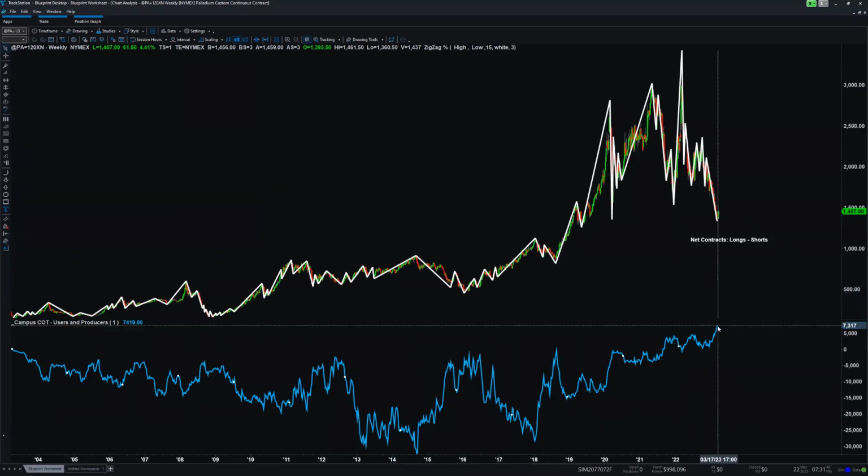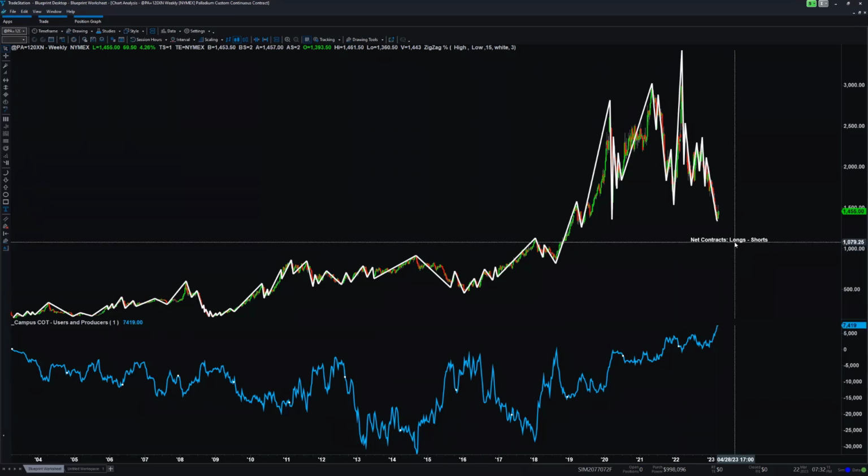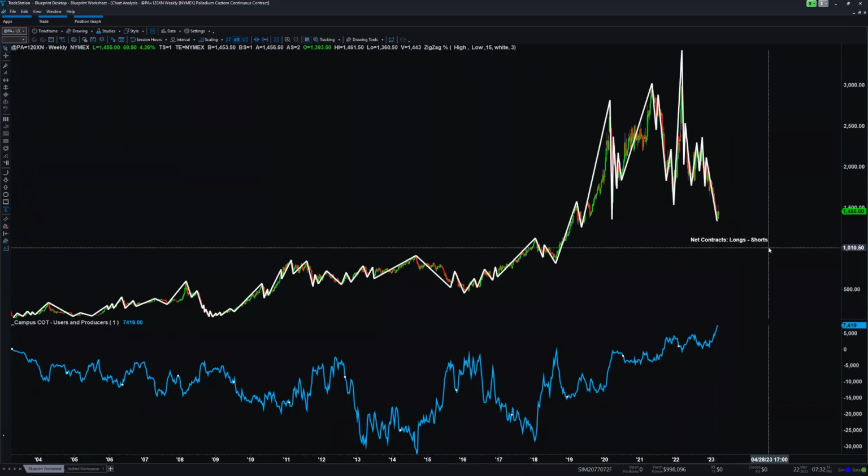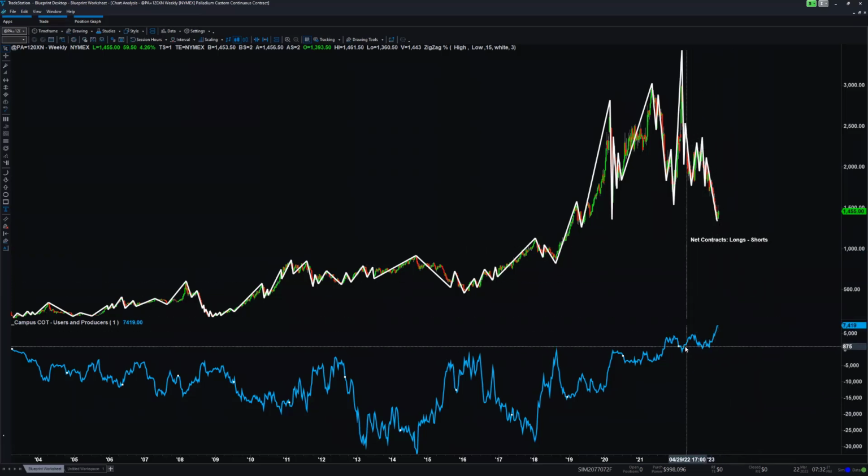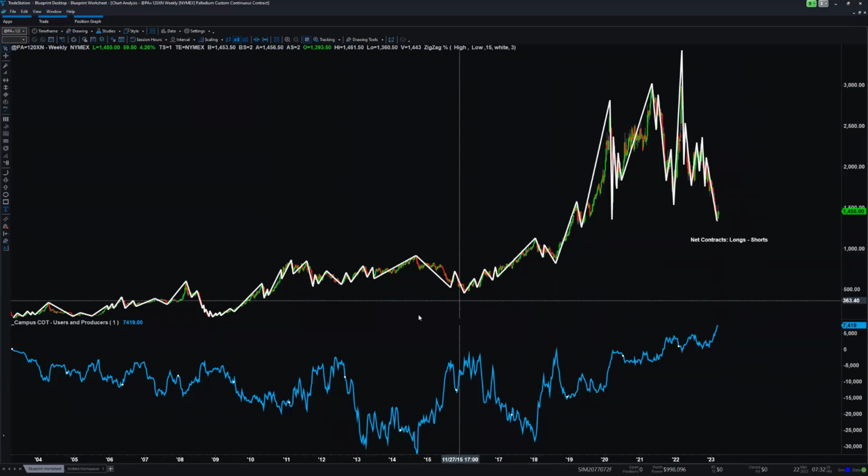Okay, so now all we need to do is we need to put that number here into context and we need to put some rules around, is this bullish or is this bearish? How exactly that will be done, we'll cover later. But for now, this is the net position that we can see for the users and producers. And the net position is just the delta, longs versus shorts. And then we can see them as a group, how they behave over time and interplay with the charts as well.